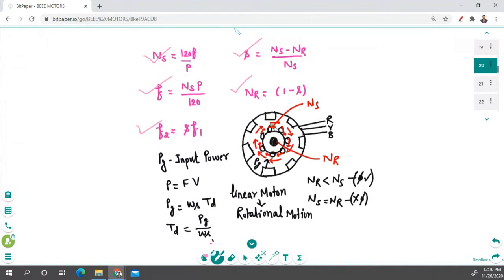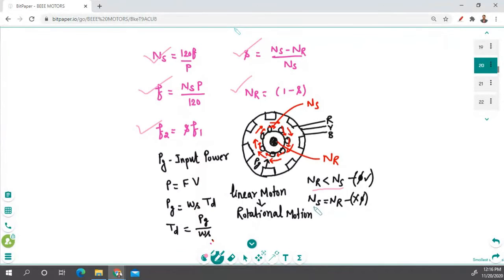Now come to this point, how this rotor will rotate. So this is the concept, Yamini. Understand this. If you take this Nr, the actual speed, less than this Ns, then we achieve this.